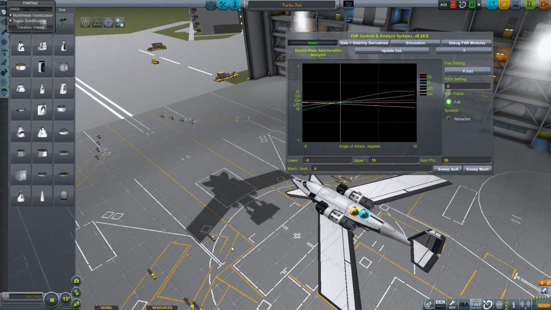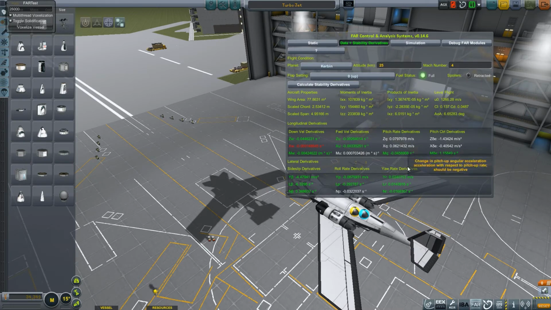Another way we can use the FAR graph is for setting up our flaps and spoilers. If, for instance, we want this plane here to have a cruising altitude of 25 kilometers at Mach 4, it needs an angle of attack of 6.65 degrees to hold level flight.